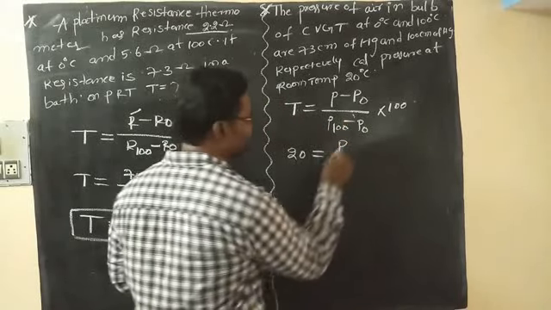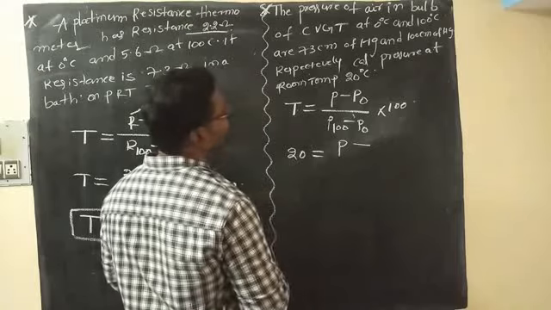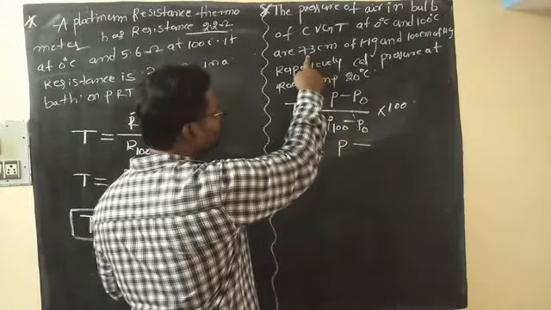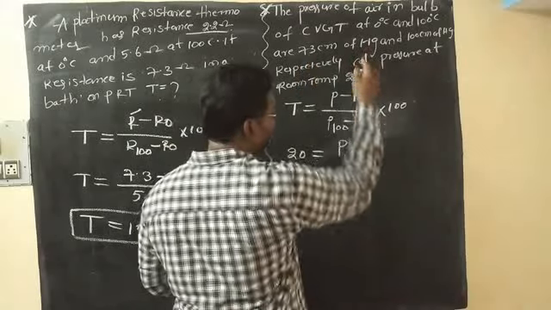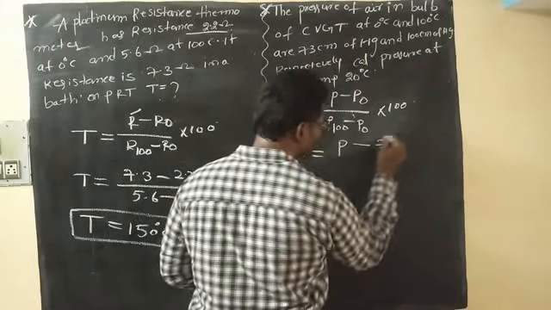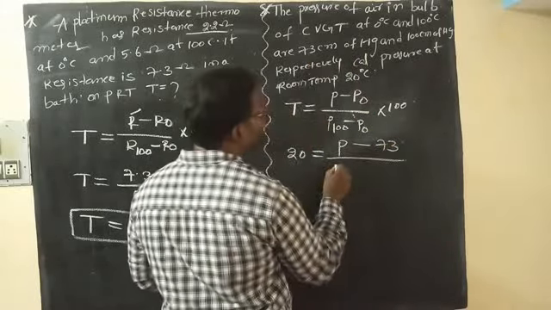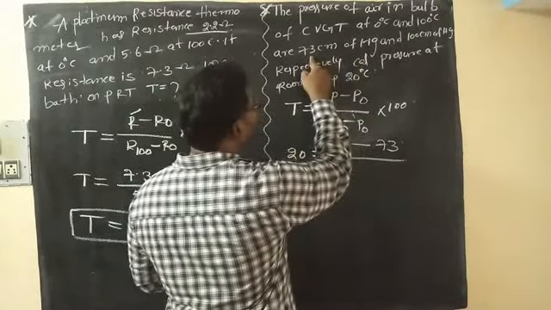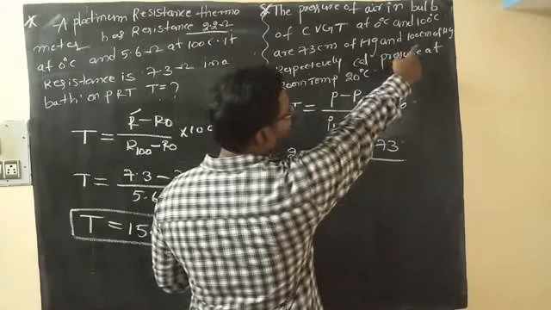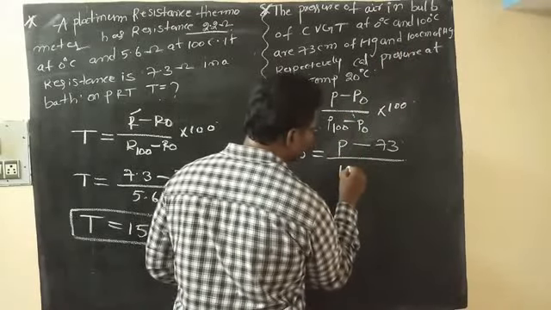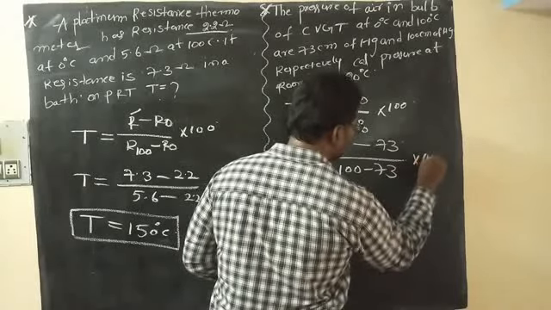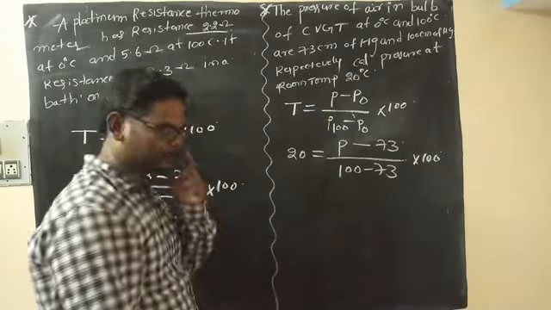P minus 73, as at 0 degrees Celsius pressure is 73 centimeters of mercury, by 100 minus 73, since at 100 degrees Celsius pressure is 100 centimeters of mercury, into 100, isn't it?